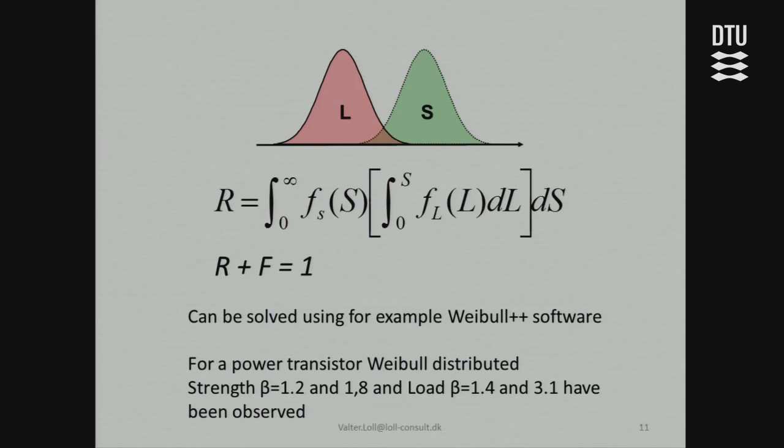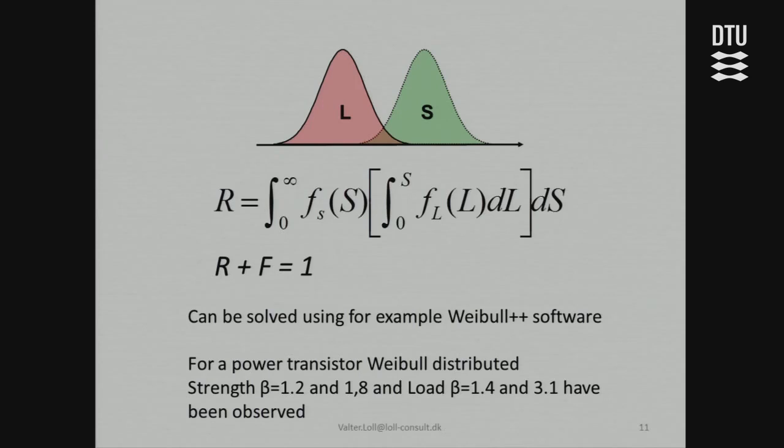So in case A, you have a constant load and a strength that is varying. Or you can say that the standard deviation of the load is much smaller than the standard deviation of the strength. He calls that case A, and the loading roughness is 0.